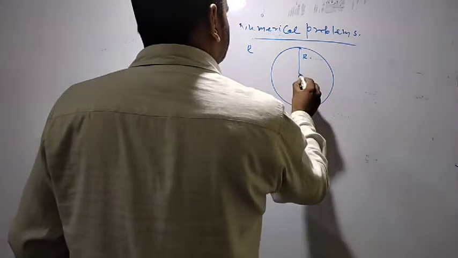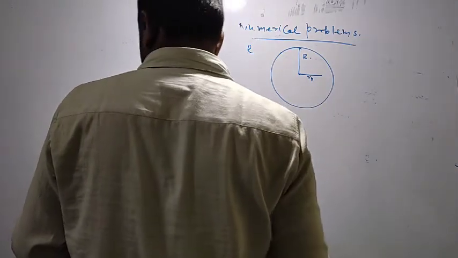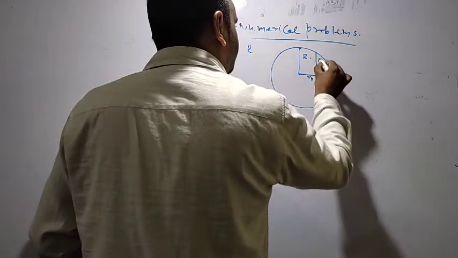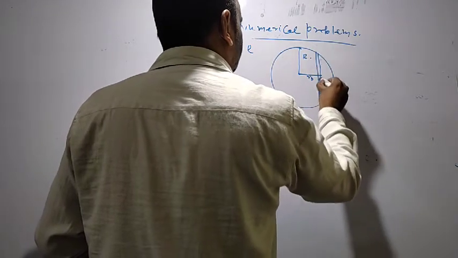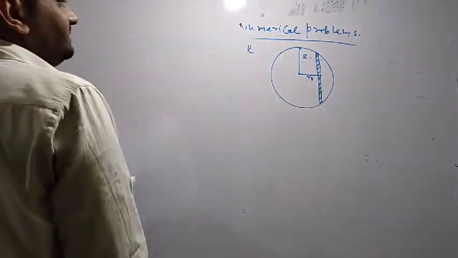At a particular distance R naught, we take a section. We have cut this section and want to know the flux passing through it. And this is the R naught.